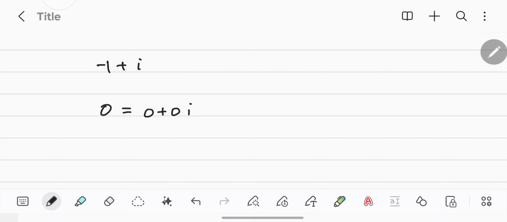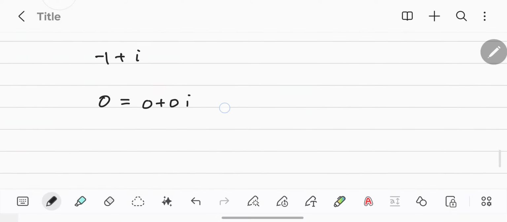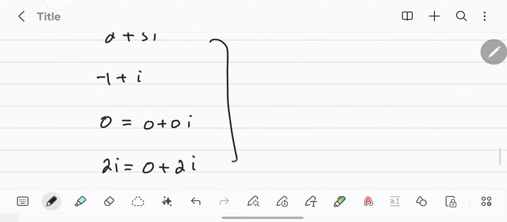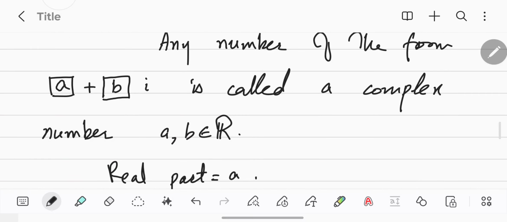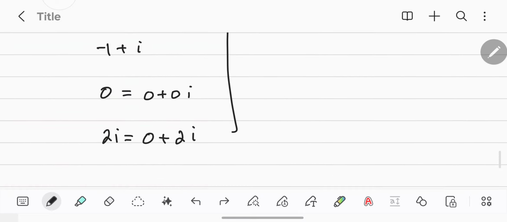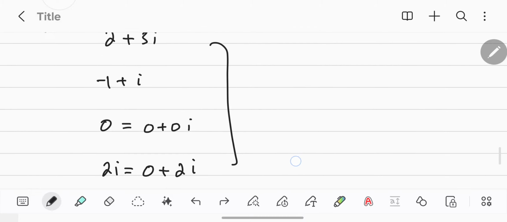So this is also a complex number, right? You can take 2 iota. 2 iota can also be written as 0 plus 2 iota. So all of these numbers are a combination of this type, okay? So any combination of this type is called a complex number. So these are all complex numbers.